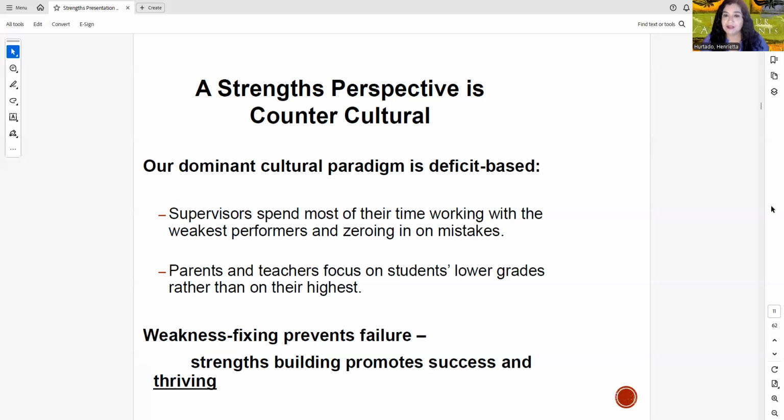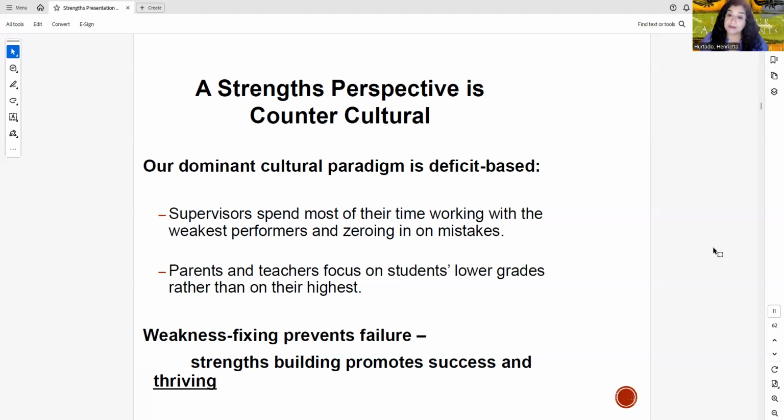So you change the dominant conversation or the cultural paradigm or the narrative that is most common. But supervisors in general, for example, spend most of their time working with the weakest performers and zeroing in on mistakes instead of focusing on what those individuals' strengths are to maximize their success and their capacity.